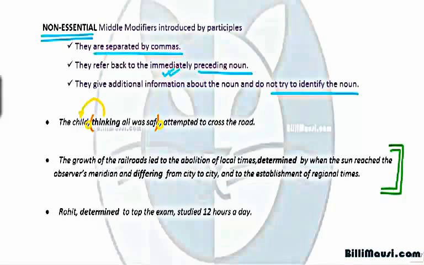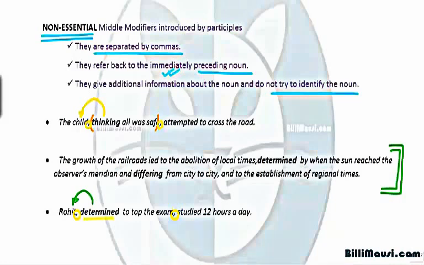So you see, determined to top the exam is giving additional information about Rohit, and it is not trying to identify Rohit. Okay, and it has been aptly put with two commas. So it falls under the category of non-essential middle modifiers introduced by participles.